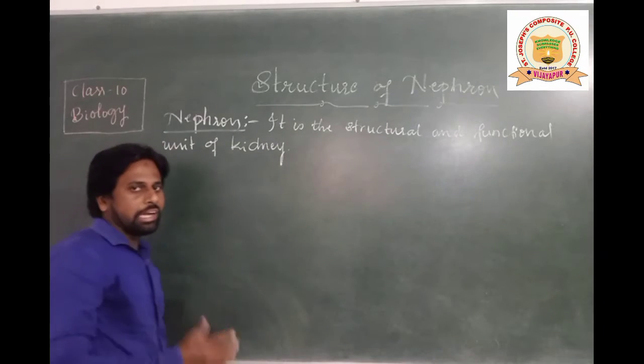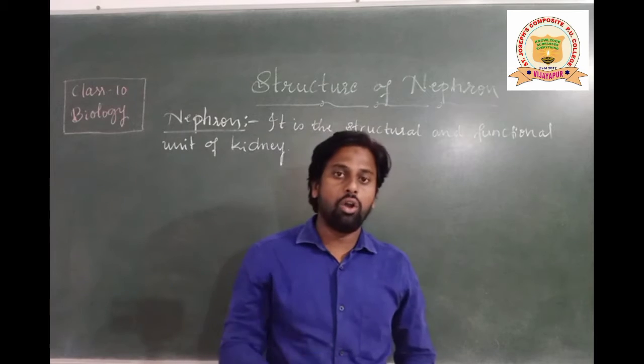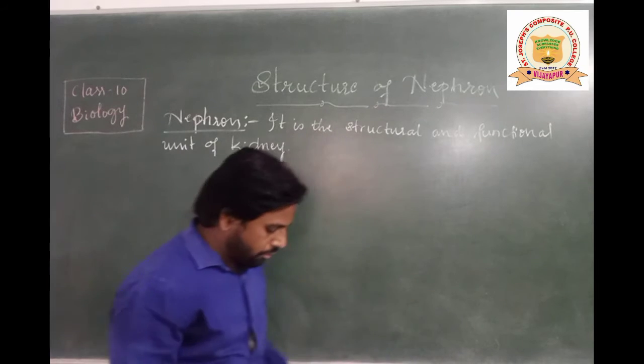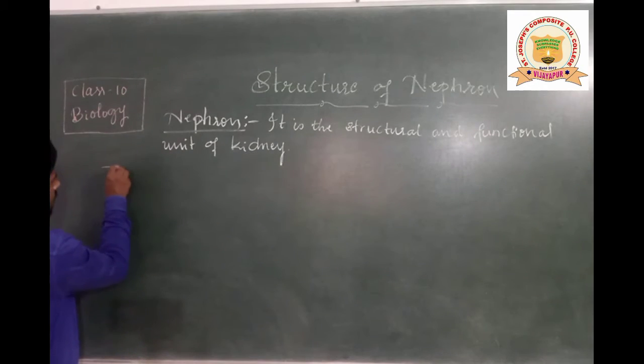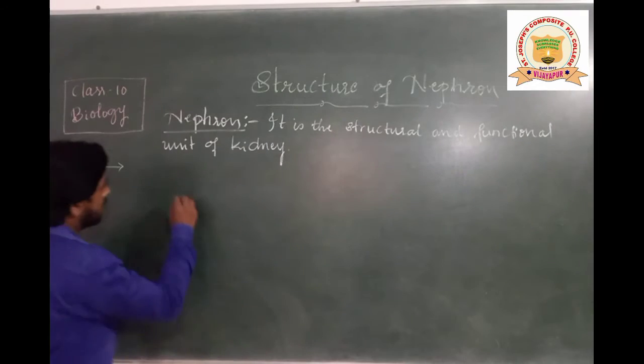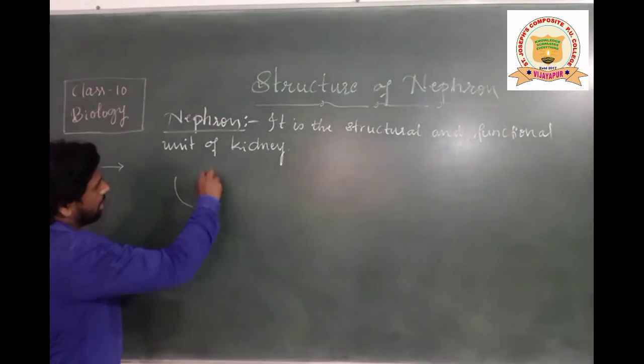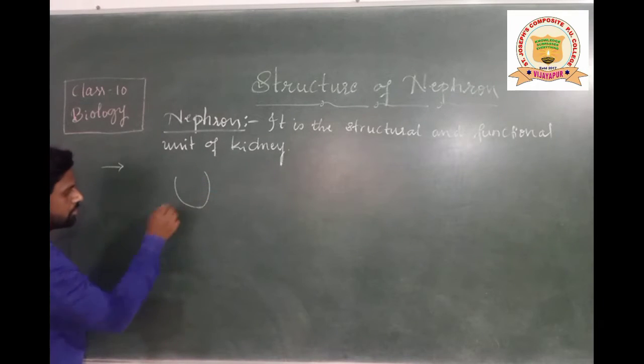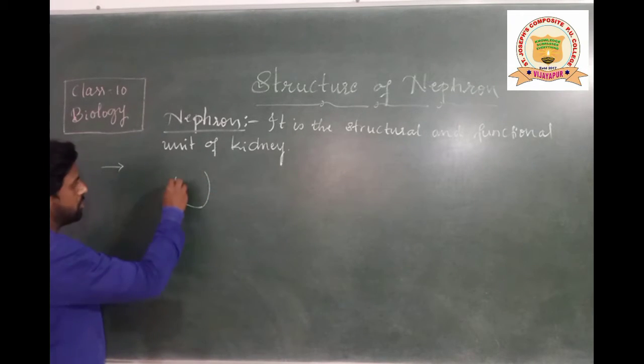So, how exactly does the nephron look? What are all its important structures that we will discuss here. Nephron has a very important cup-like structure, students. There is a cup shaped structure.